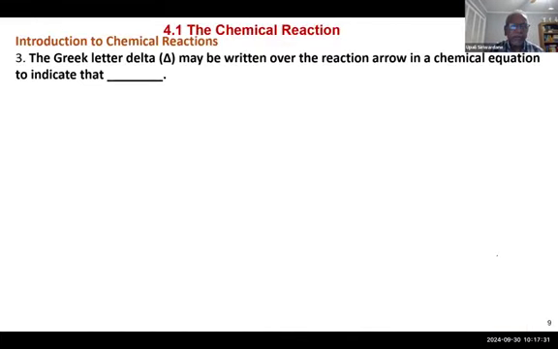Let's look into some of the questions. We are going to look at certain things we write in a chemical equation. Delta, this sign, written on top of the arrow between reactants and products, means heat is required for the reactant to go to products.